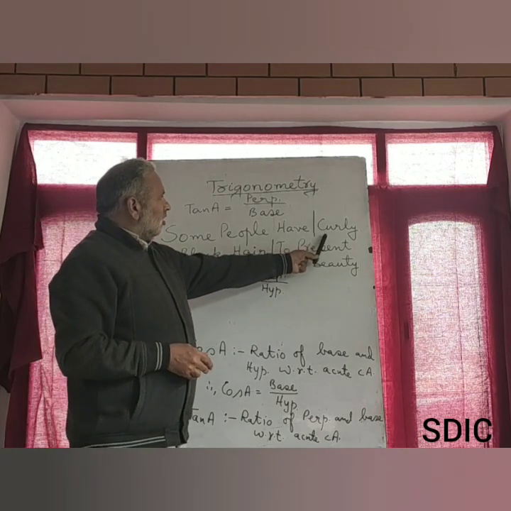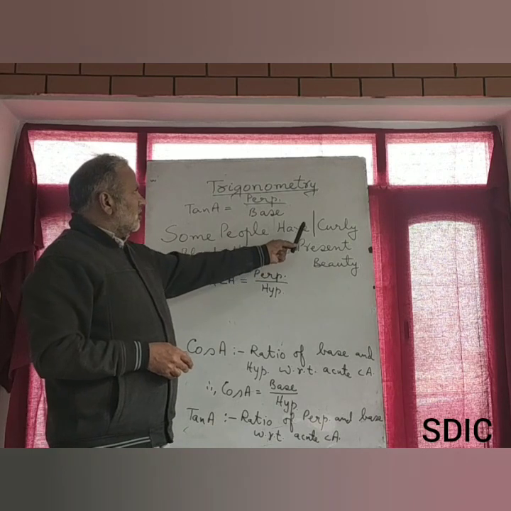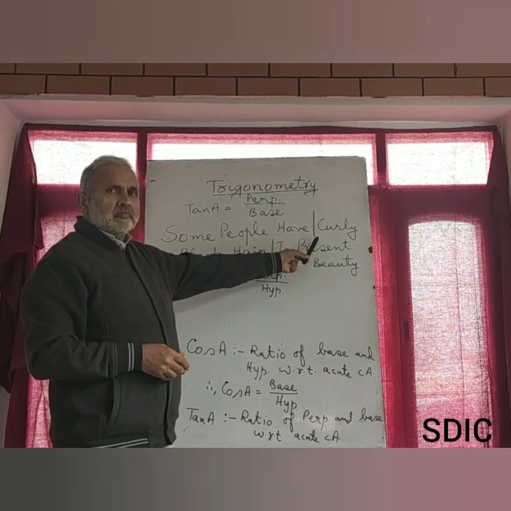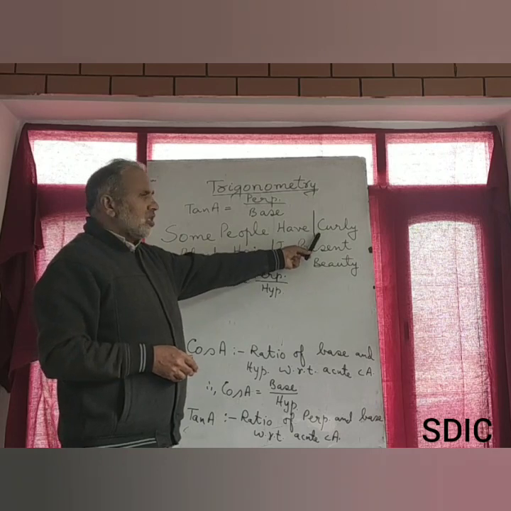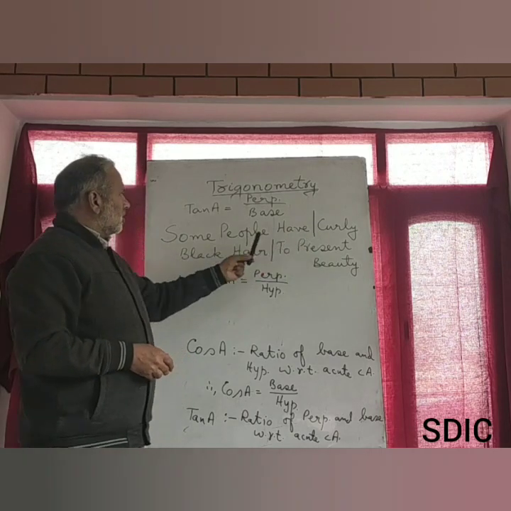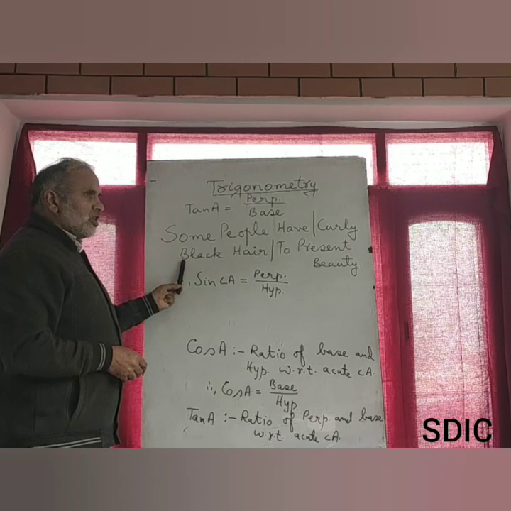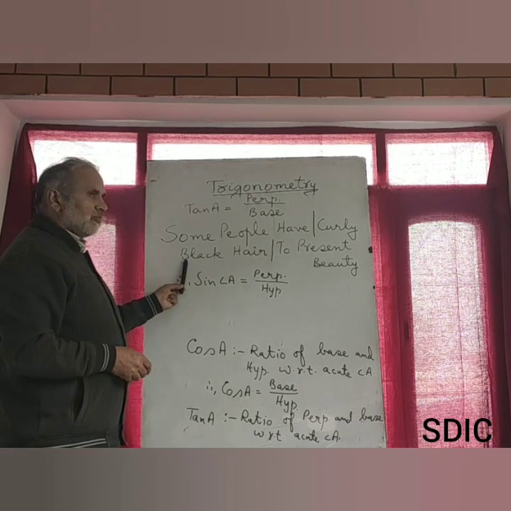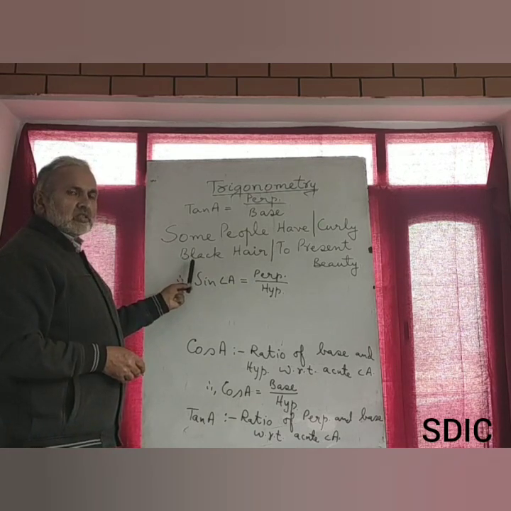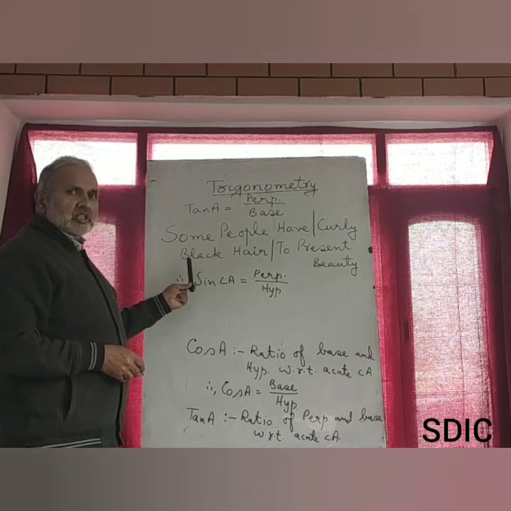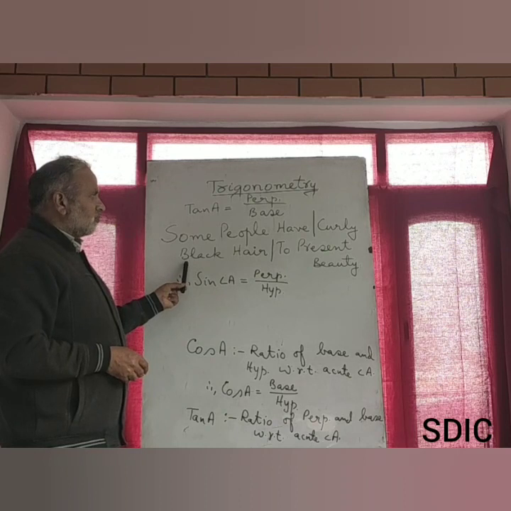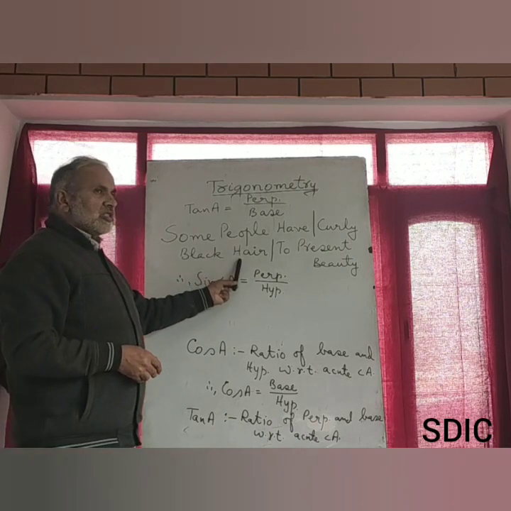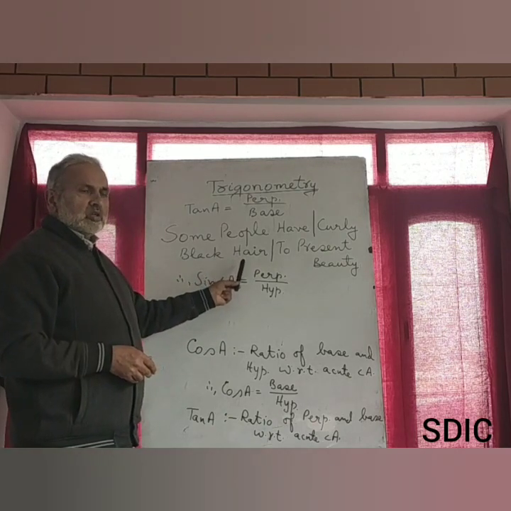Likewise, in the second group, the first alphabet C represents the trigonometric ratio cosine. The first alphabet B of the word black represents base. B being the first alphabet in the word base, it is also the first alphabet in the word black. H represents hypotenuse.